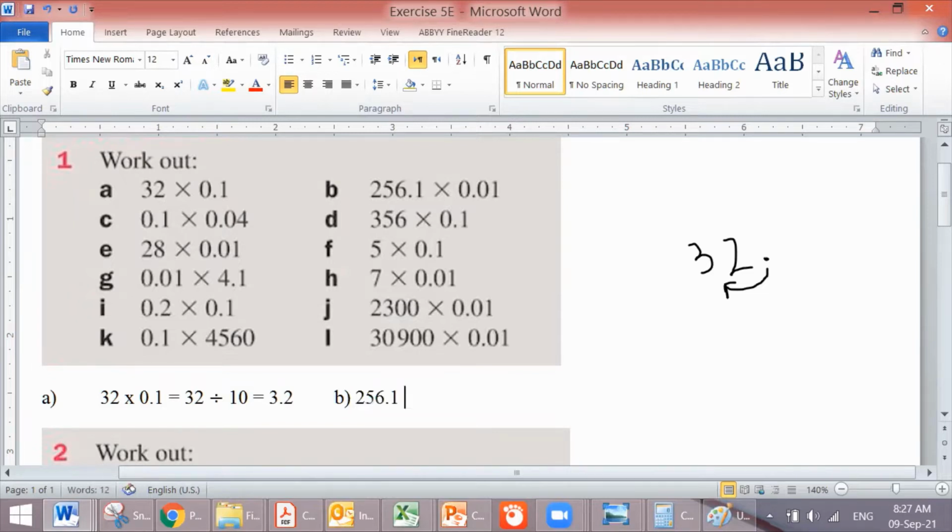256.1 multiplied by 0.01. So here you can see that it will be 0.01, so I can write it as 256.1 divided by 100. Yes, very good, Ahmad Ashraf. Okay, yes, Umar Safwan, very good.